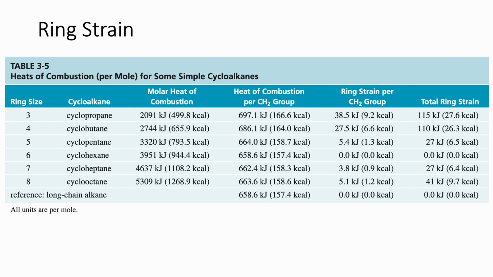kilojoules per CH2 group. When we have a ring size of 5, remember that cyclopentane, the pentagon, has ideal bond angles when it's flat, but when it bends out of plane, those bond angles get squeezed a little bit tight, so it has a very small amount of ring strain at 5.4 kilojoules per CH2. Cyclohexane has 0. And then when we get bigger than cyclohexane, those angles start to become too big, right?